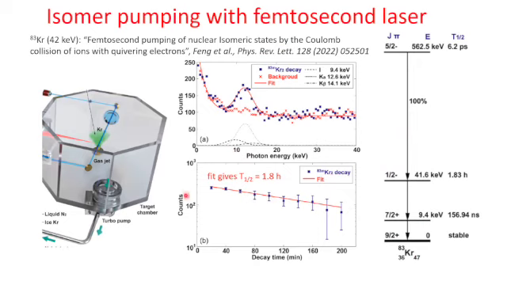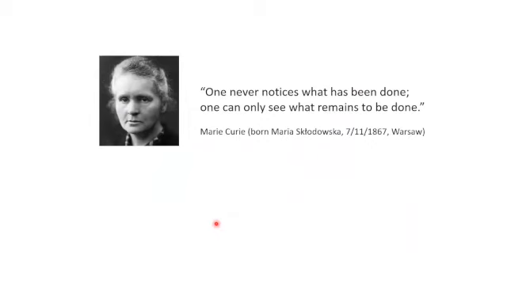It seems to give some very interesting possibilities, but time is running out. I'll just remind you, Marie Curie said many things, but one of them was, one never notices what has been done, one can only see what remains to be done. And that's, we have to keep a focus on the future to learn from the past.